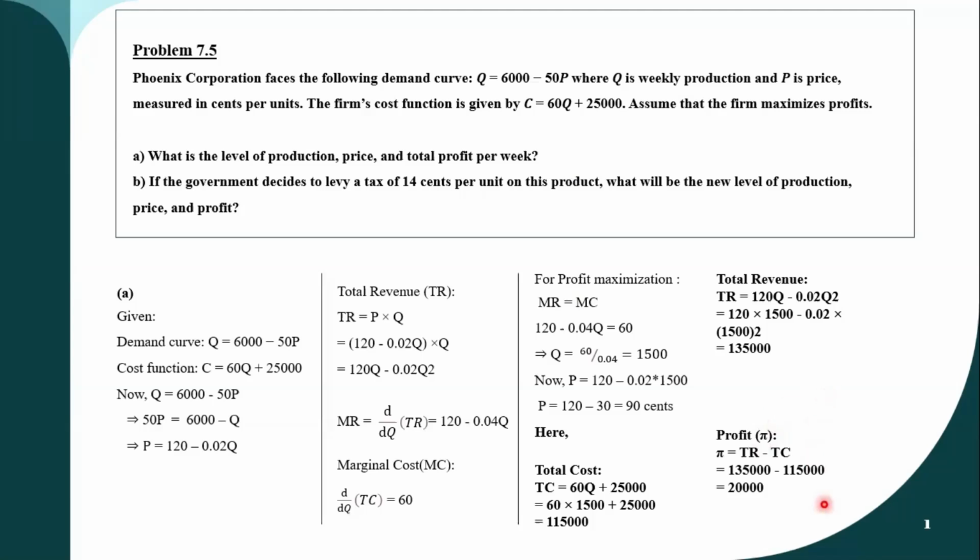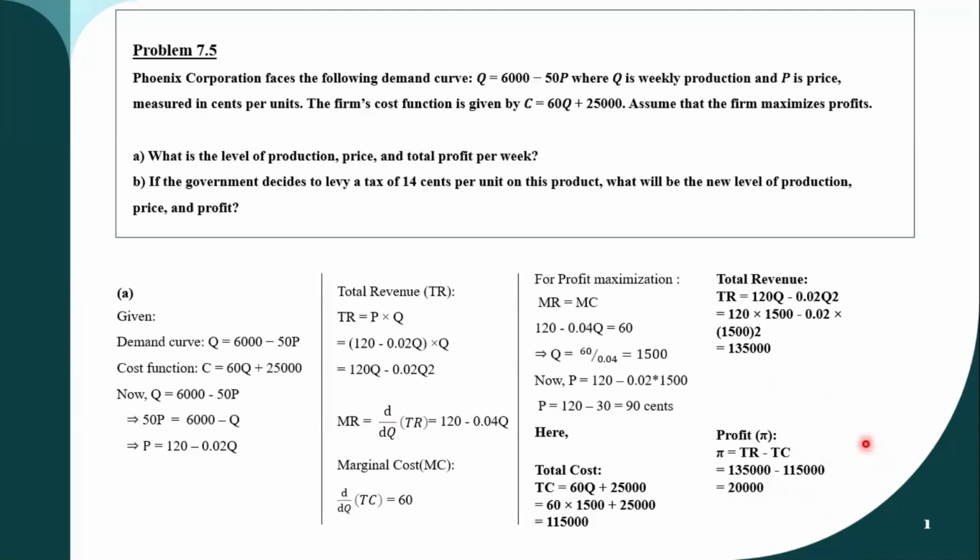We know that profit means TR minus TC. If we substitute 135,000 minus 115,000, then we find the value of pi, which means profit, is 20,000. So this is the profit of this function.